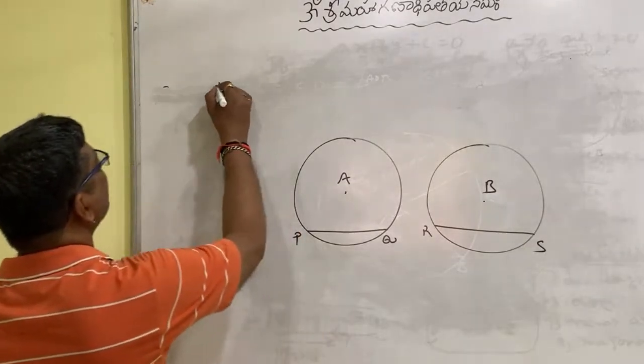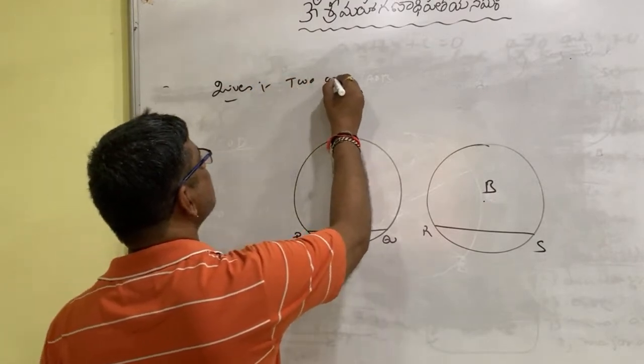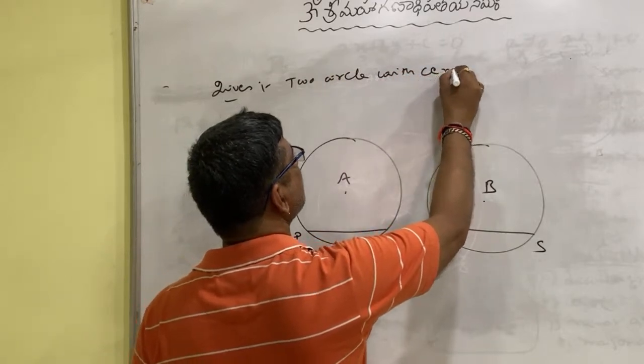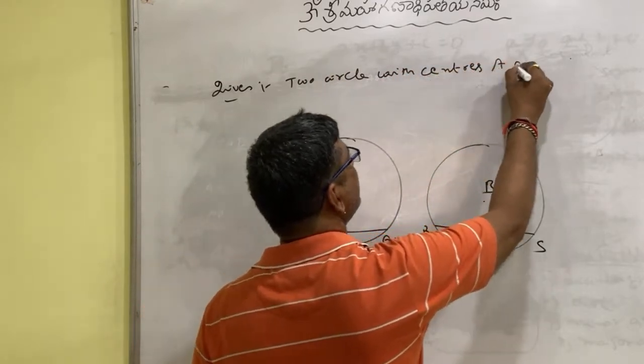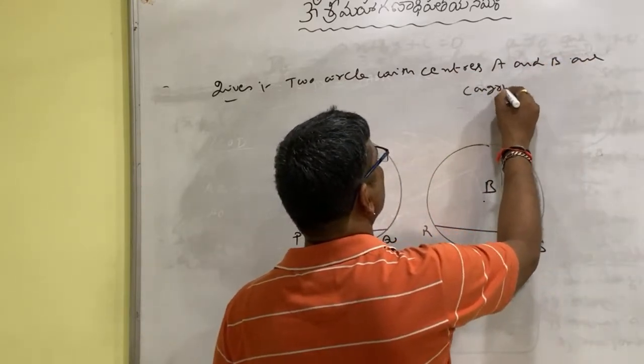So given: two circles with centers A and B are congruent.